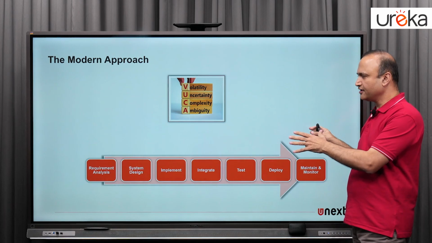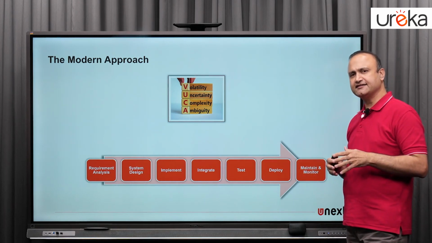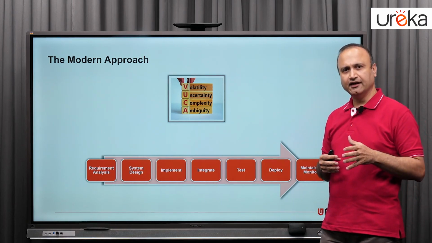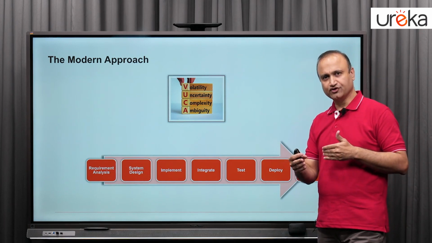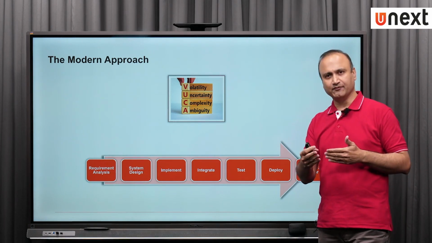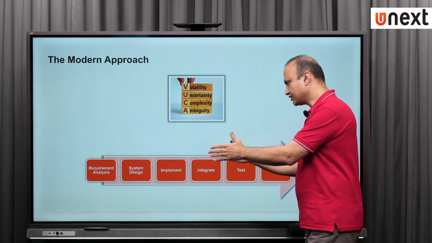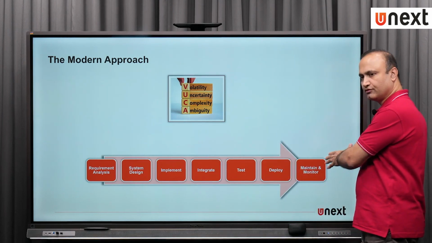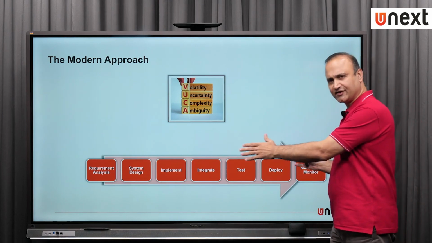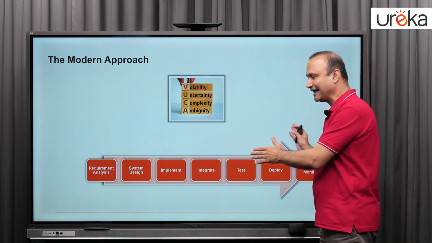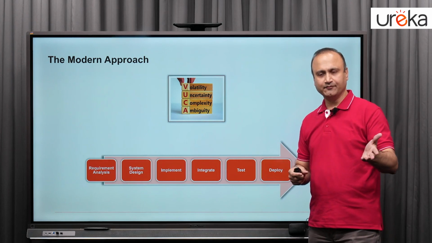In the VUCA world, what is important is the organization's ability to keep winning. So not just win once, but to keep winning. And its ability to move from concept to design to implement and to market as quickly as possible. And the ability to iterate, this is the key.